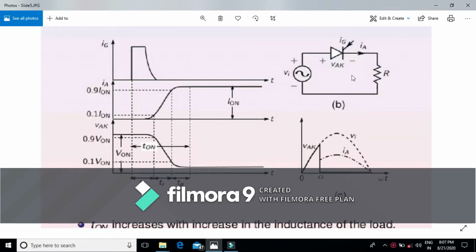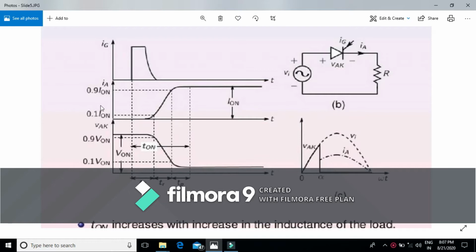As we know, during turning on of SCR, initially the SCR is in off state, because turning on means we have to change the state.